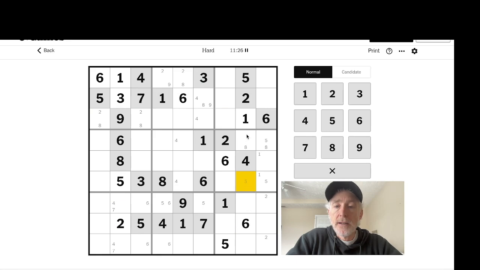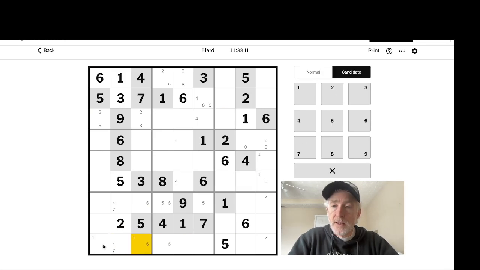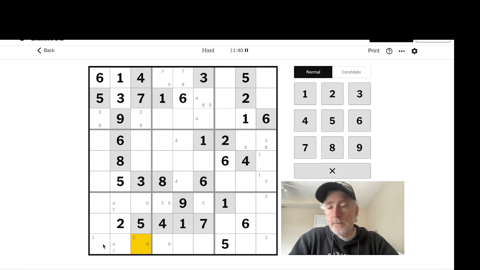So 7, 9. All right. How about 4? How about 1? Oh, 1 now is in one of these two cells. That doesn't really help us too much, but all right.